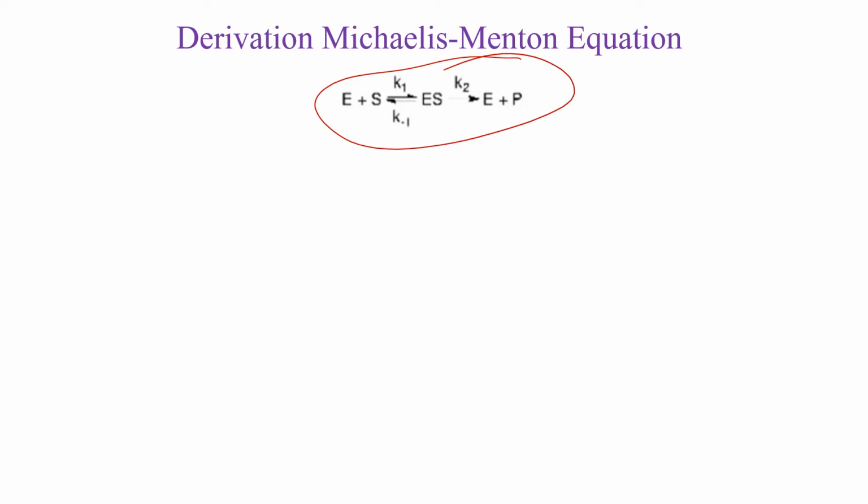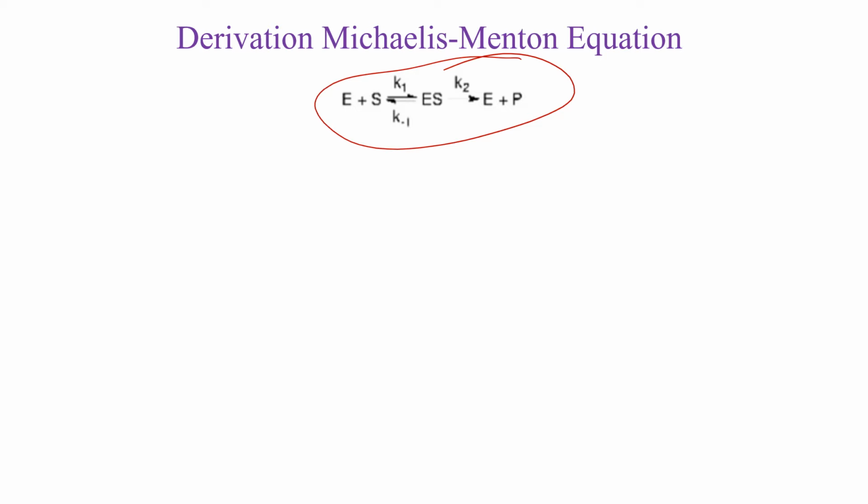We have the enzyme here plus the substrate. K1, the enzyme plus the substrate reacts and then forms the enzyme substrate complex. K1 is the rate constant when the reaction is going this direction, and then K minus 1 is the rate constant going backwards.